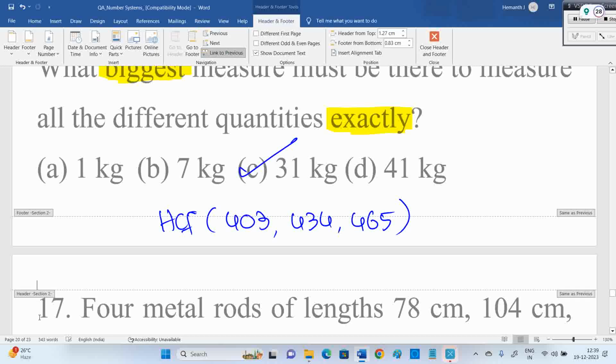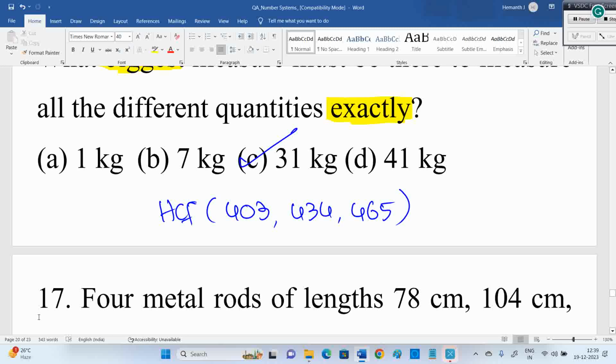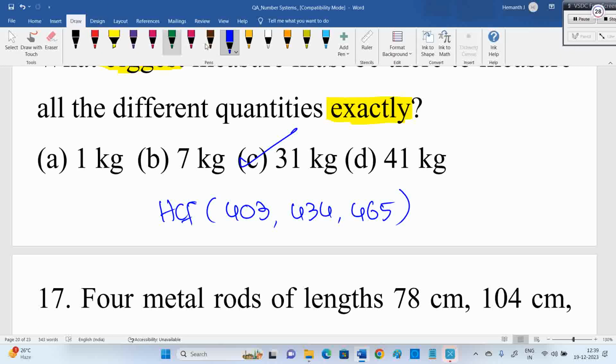The differences are 31, 31, 62. HCF is 31 only, you can check it out. 31 is a prime number; if the numbers are not divided by 31, then the answer should be 1 only.